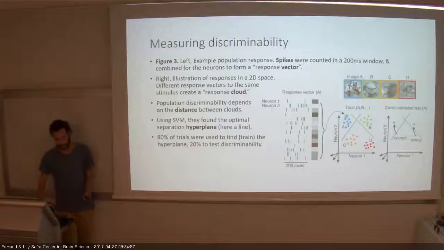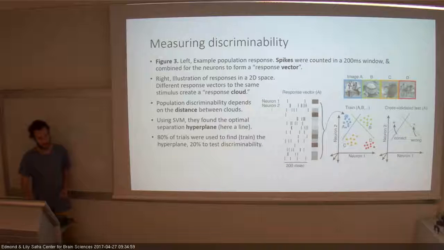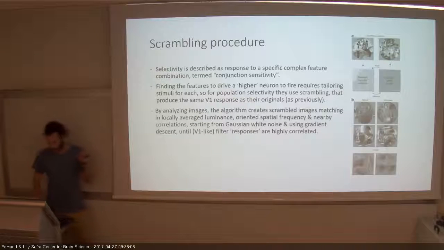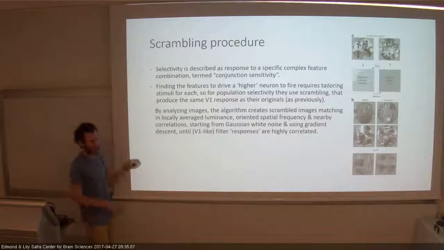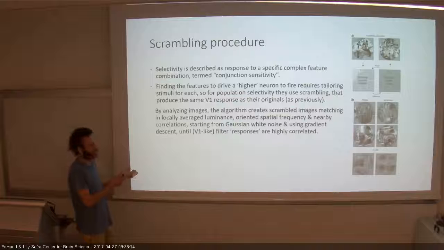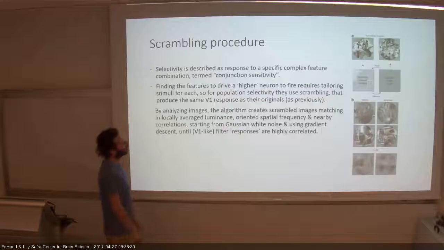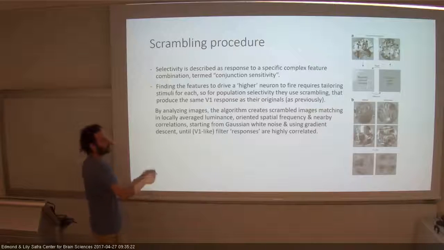Just to make sure, the classifier gets a vector of the activation of all neurons. So to see if these regions are really selective for natural stimuli and do not respond just like V1. If V1 doesn't have much change, we did a similar scrambling.